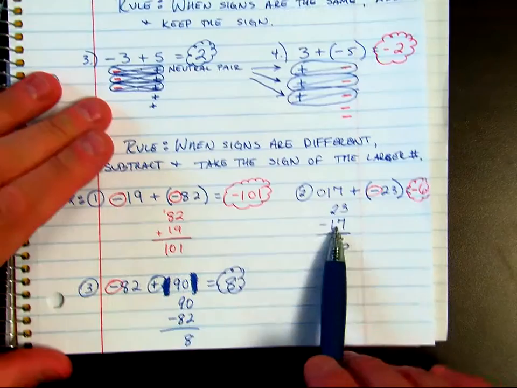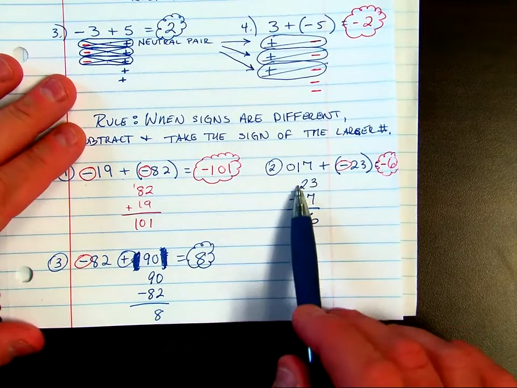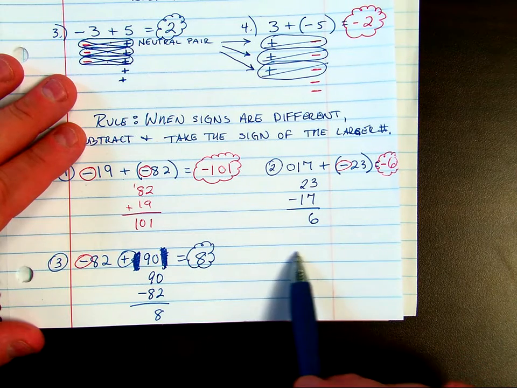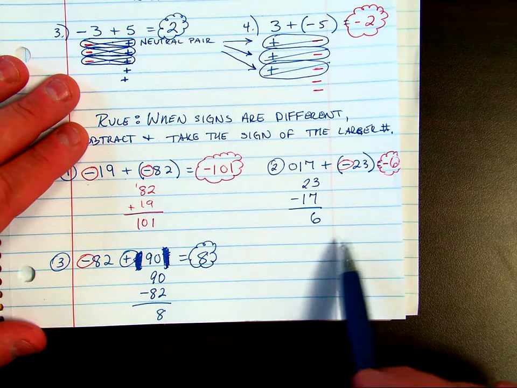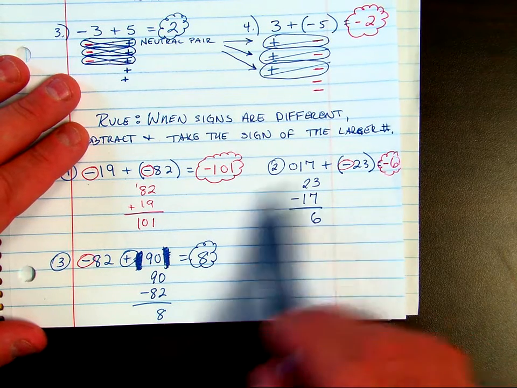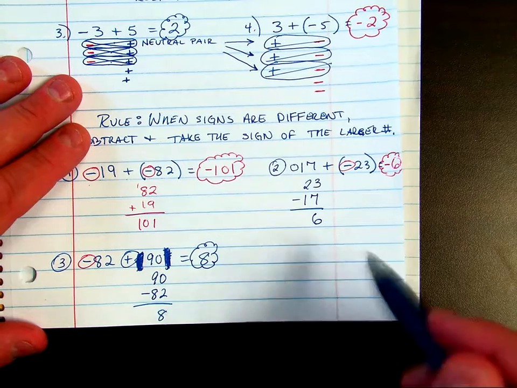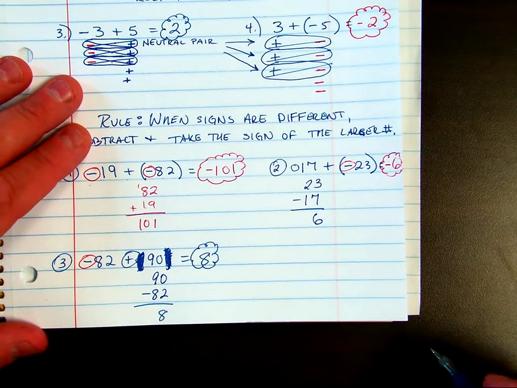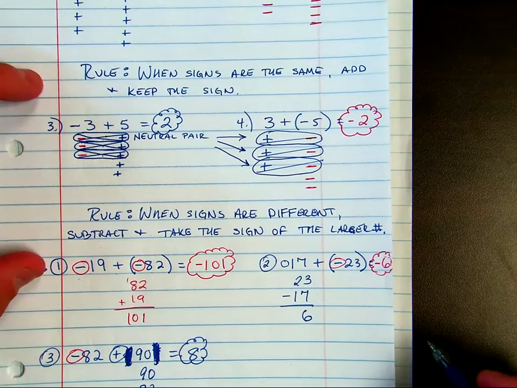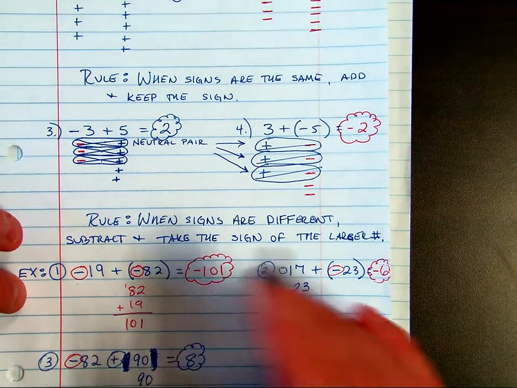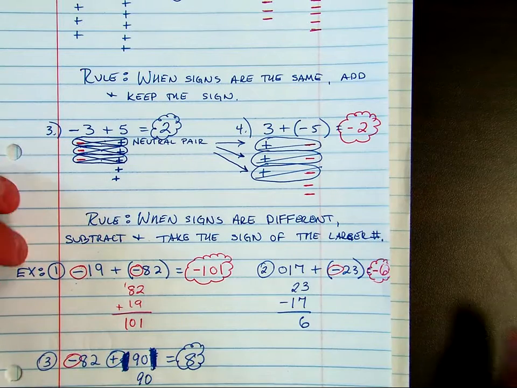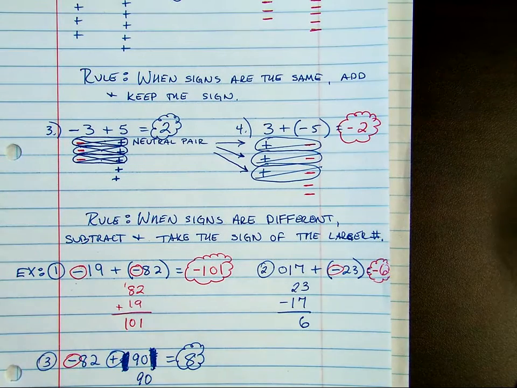I don't want you to sit here and draw out 17 positives and then draw out 23 negatives, do the neutral pair thing, and then count up how many negatives you have left. That's why these rules are set in place. If the signs are the same, just add. If signs are different, you have to subtract because some of the negatives will cancel out with some of the positives.